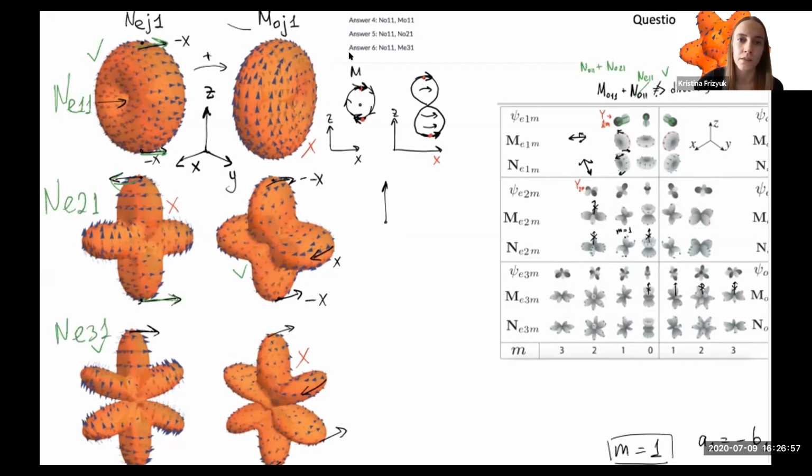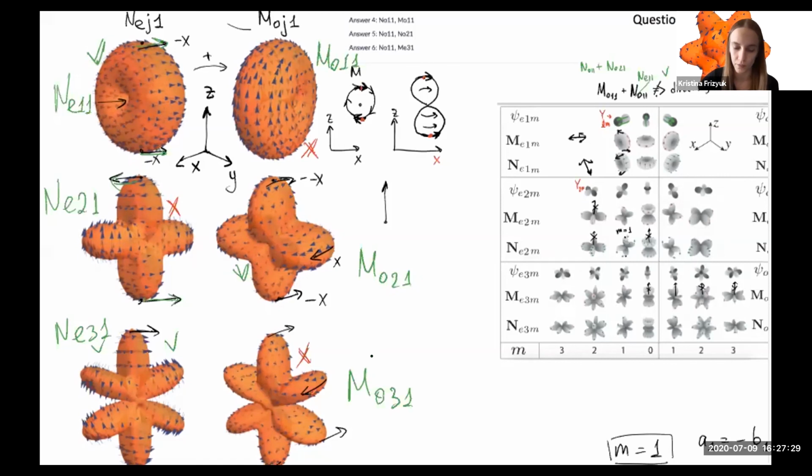And this guy is MO1, MO2,1, and MO3,1. Any pair, one of them with a cross here and one of them with this bird here, can give a contribution to the radiation pattern.